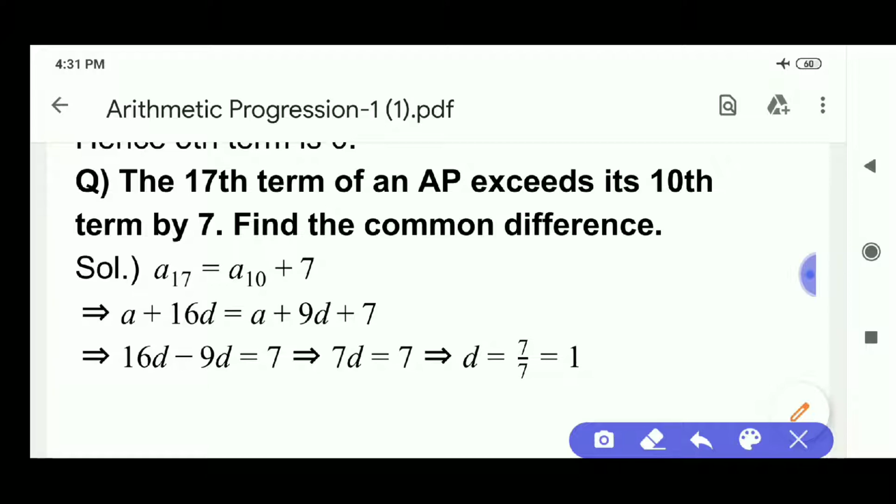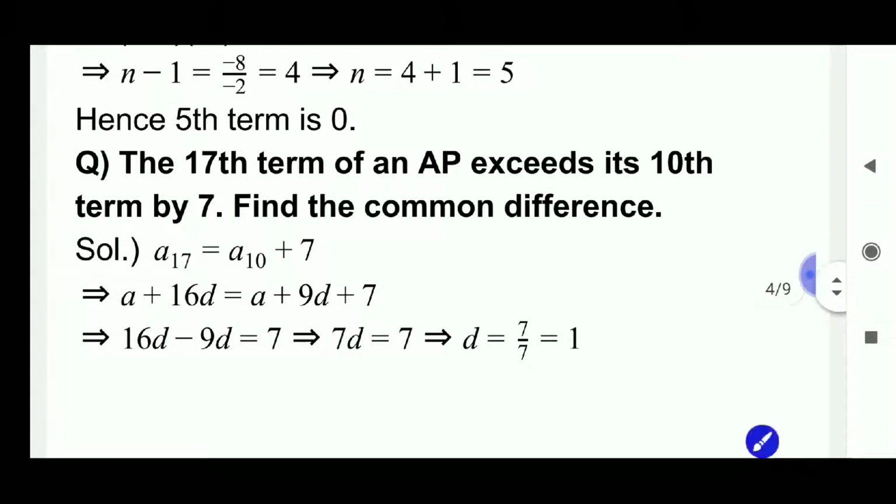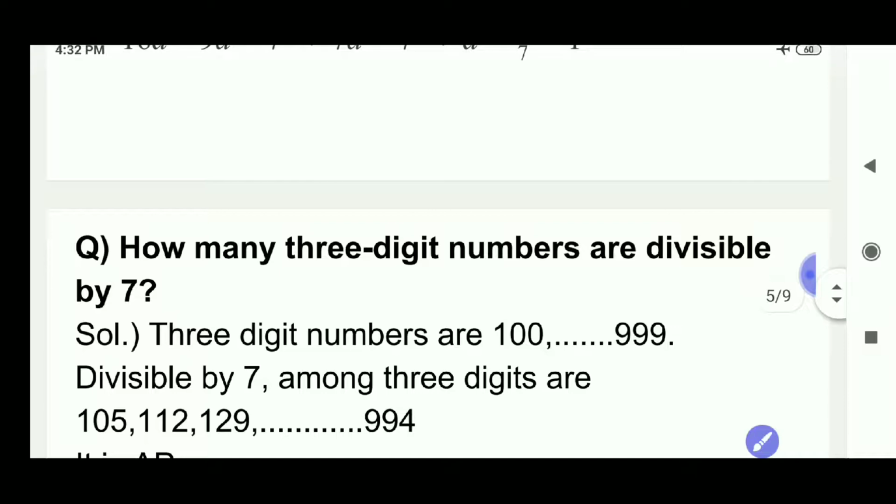Now cancel a on both sides. 16d minus 9d is equal to 7. By simplification, we get d is equal to 1. So the common difference is 1. That's all. One more question.